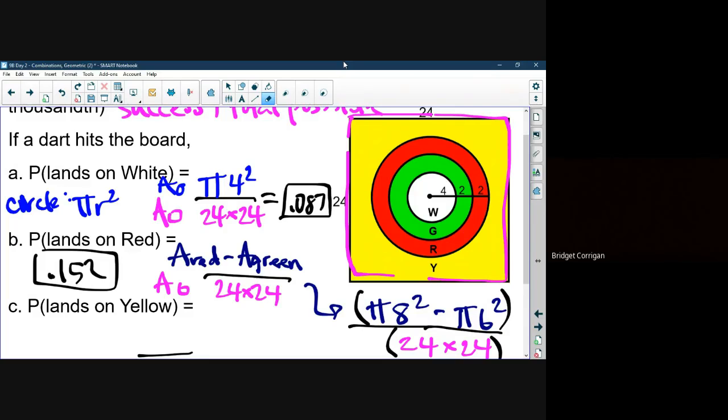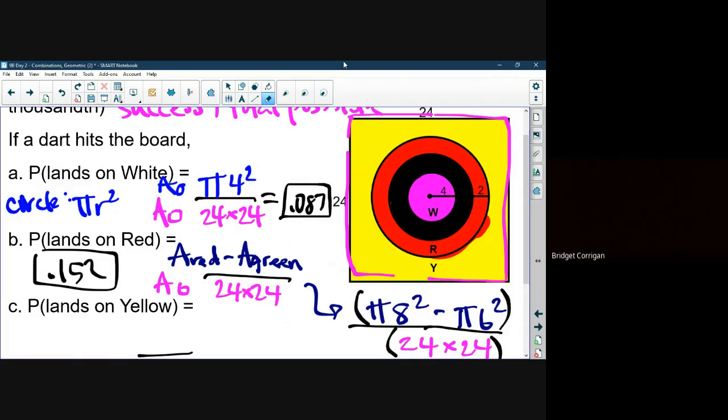Let's see if I can make this. We want to subtract off this whole circle area. We want to take this whole thing out of it. I don't know if it's going to allow. So we want to subtract off this entire area and the red also, but it's not letting me go over the red.